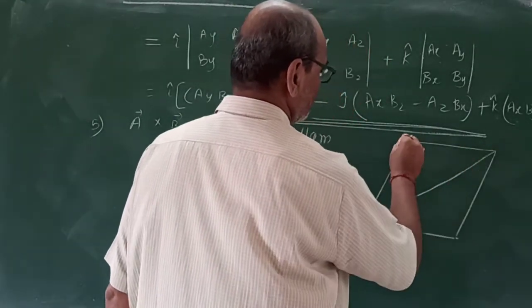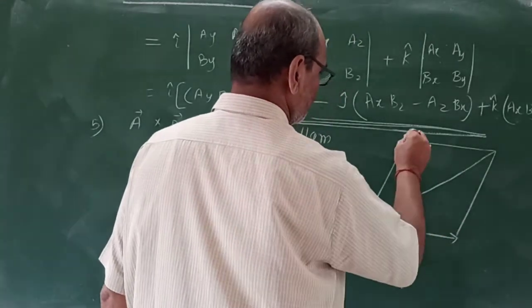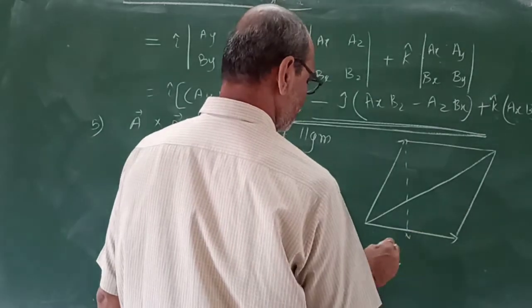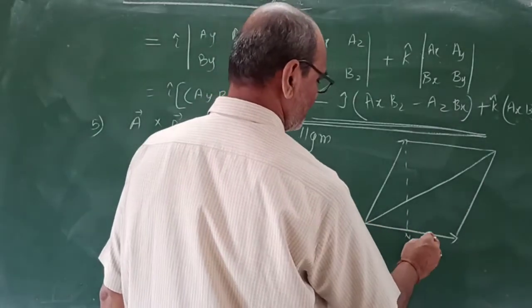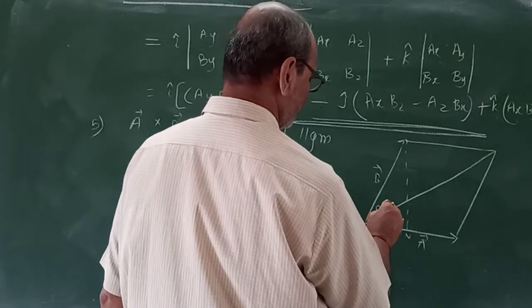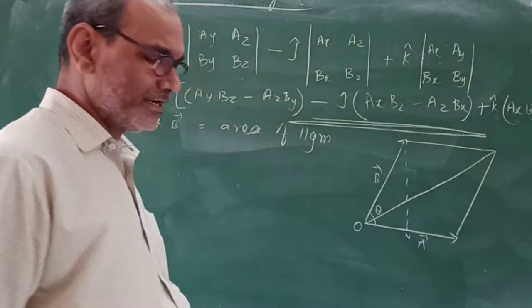First of all, draw the parallelogram. From point B, draw a projection which meets at point O. Vector A, vector B, angle between them is equal to theta.